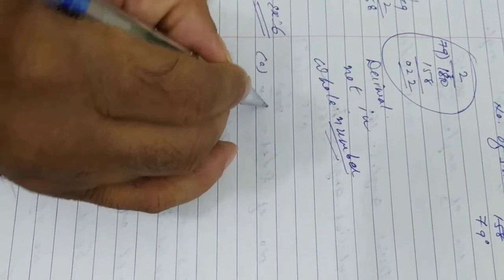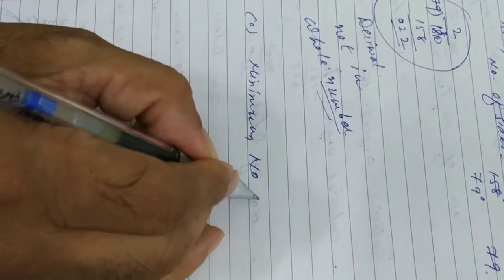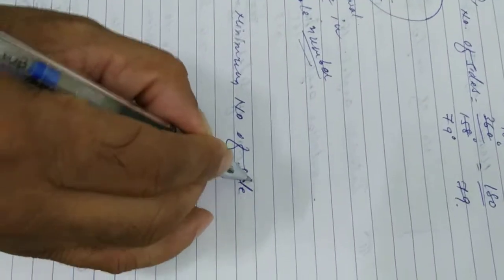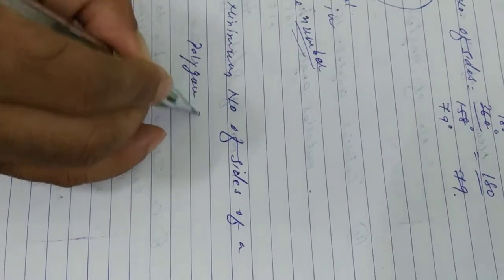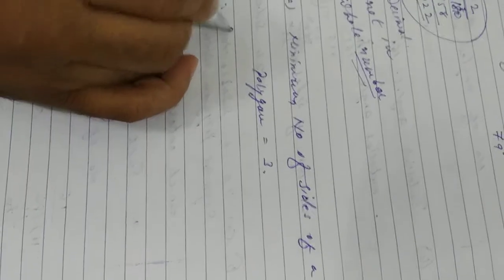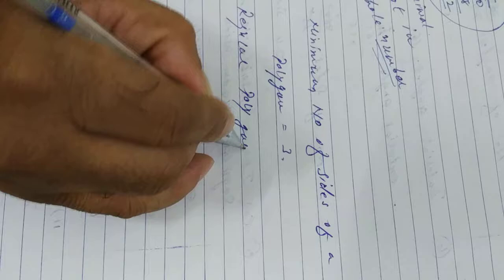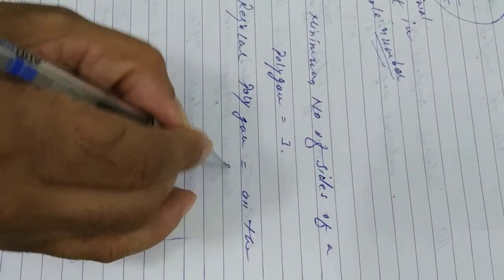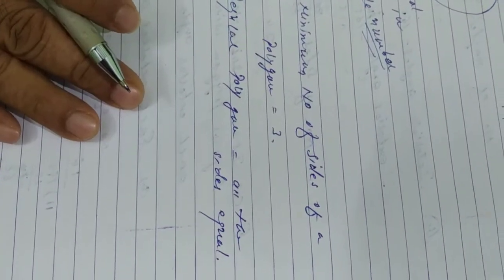So the minimum number of sides of a polygon is equal to 3. Suppose we talk about a regular polygon, it means all the sides are equal. Yes, an equilateral triangle, right?